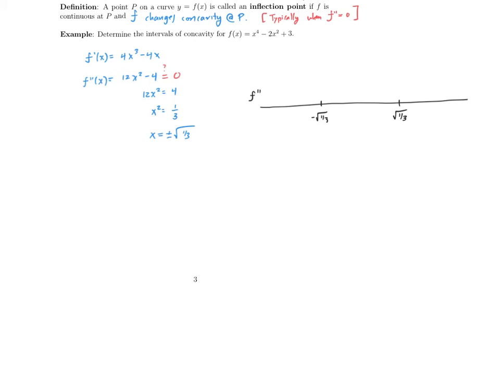And what we need to do is test a single point in each of these three intervals. So to the left of minus square root of 1/3, in between those two, and then to the right of the square root of 1/3. And in the previous example, we made a somewhat elaborate table, and it turns out that we typically don't do that because it's somewhat time consuming.